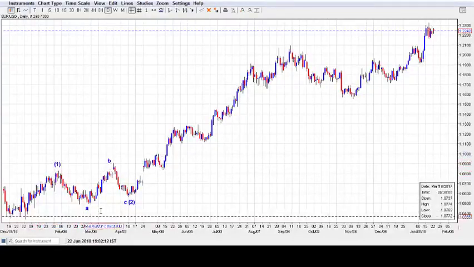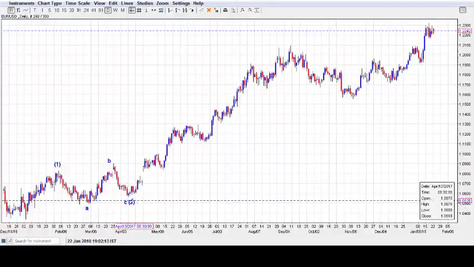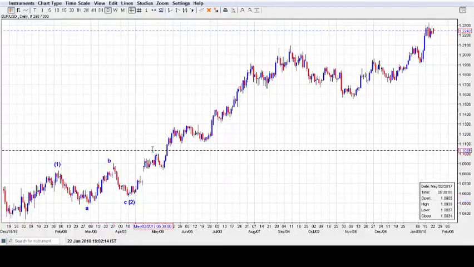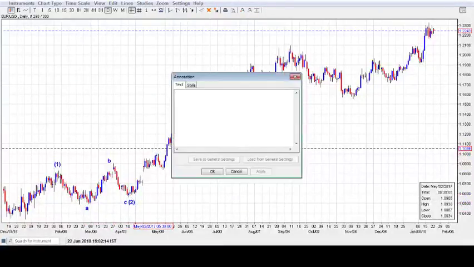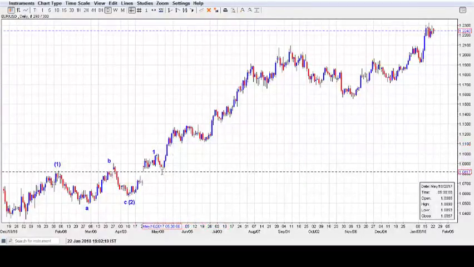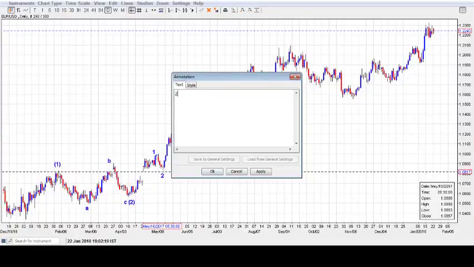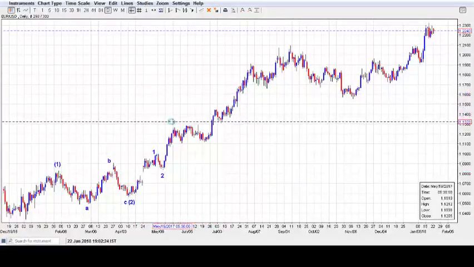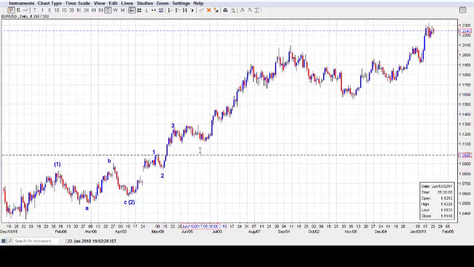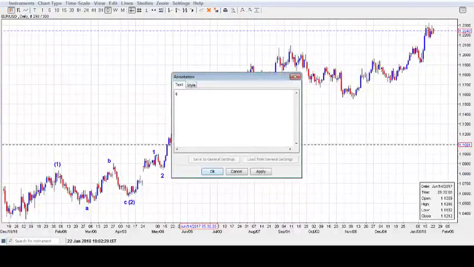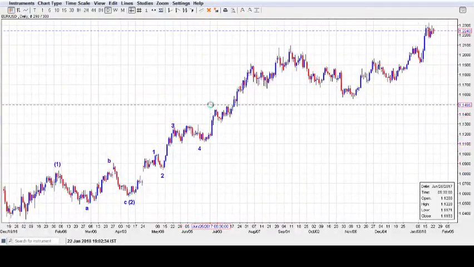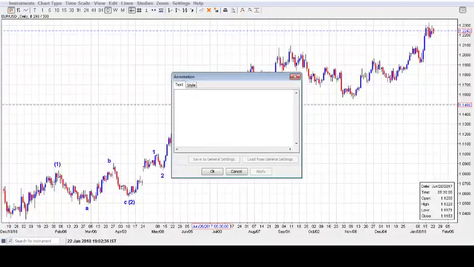So first wave, and then ABC, expanded flat wave 2, smaller degree waves 1, 2, 3, 4, and fifth wave extension within the third wave extension.